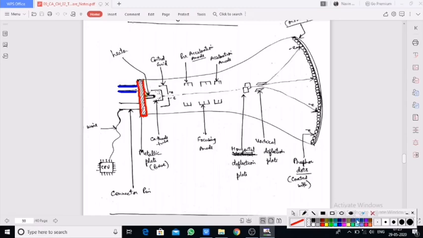Then a heater. Then this is the cathode ray holder, which contains the cathode ray. Then this is the control grid.